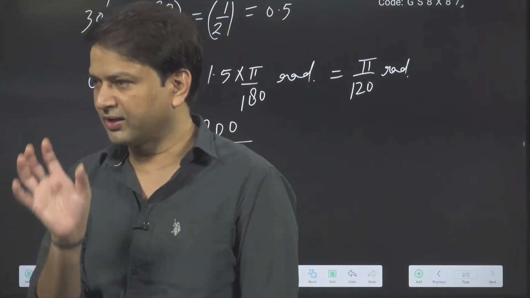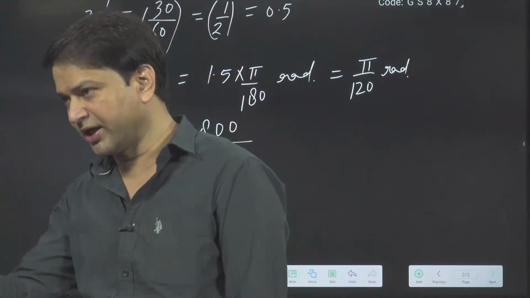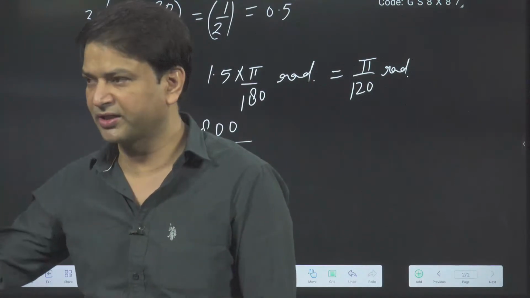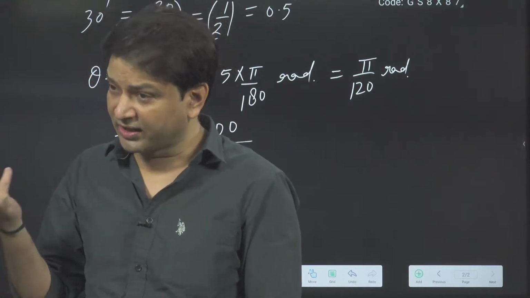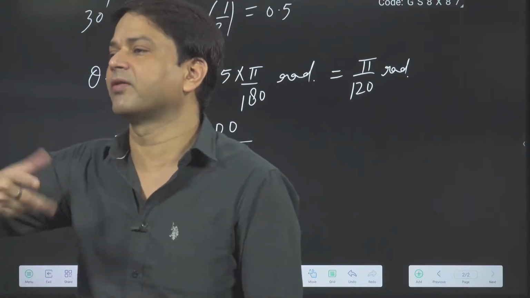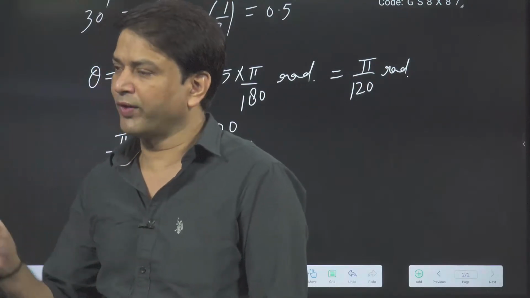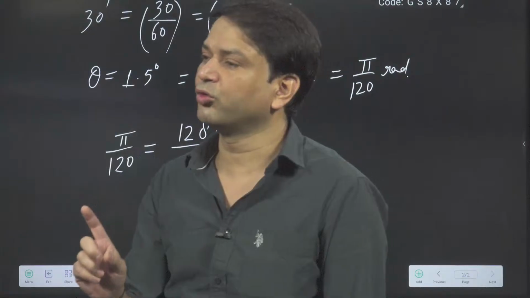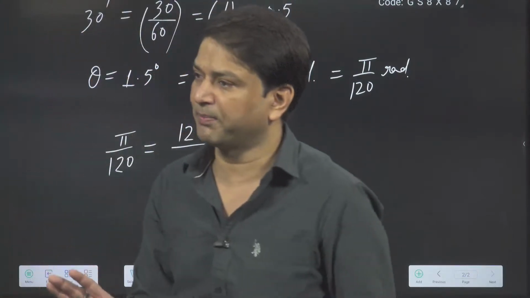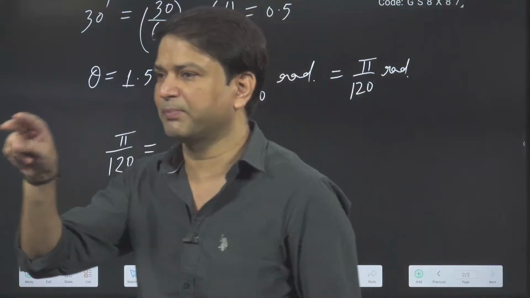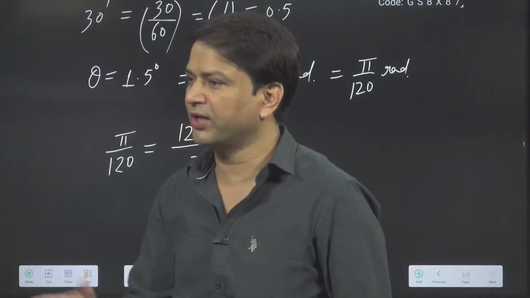If they give the angle in radian and you want degree, the multiplication factor is the reverse, 180 by pi. So only the two factors, pi and 180: in one case we multiply pi by 180, in the other 180 by pi.